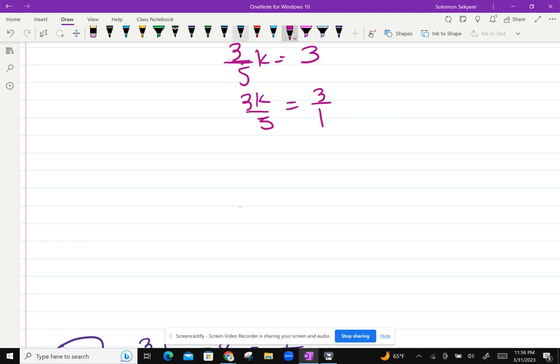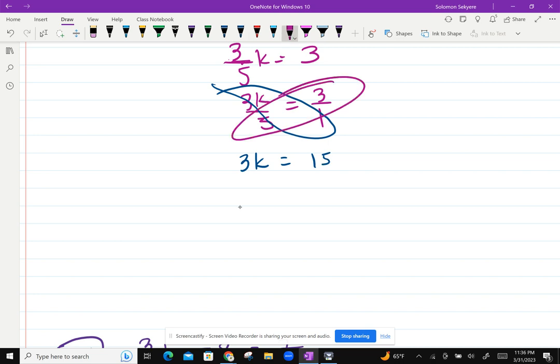What do you do? You cross multiply. You do the portion that contains this first. So I have 3K times 1 will be 3K is equal to 5 times 3, 15. And I divide both sides by my coefficient, and I have K equals 5.